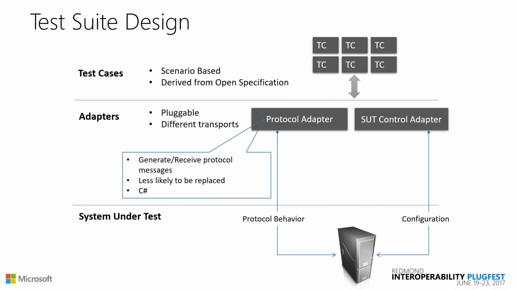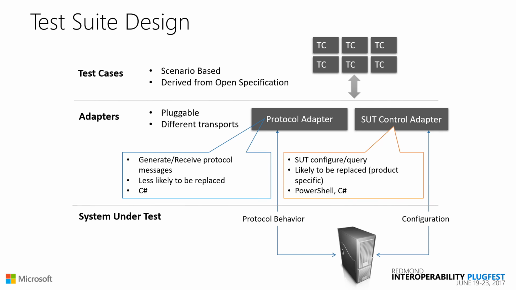Since the protocol adapter follows the protocol itself, as long as you are implementing that protocol and want to test it, you don't want to replace the protocol adapter. The SUT control adapter is different.